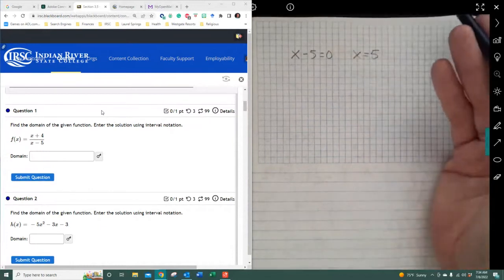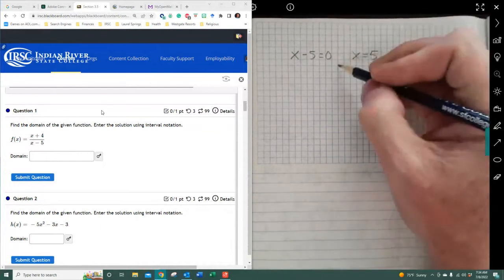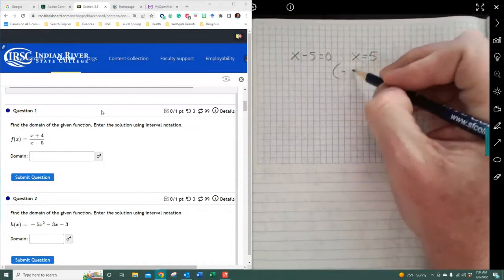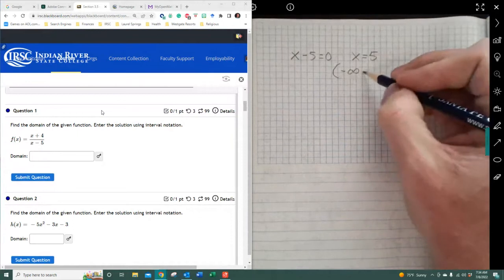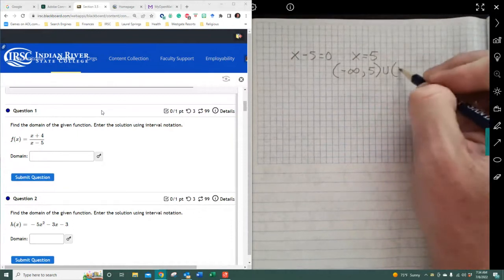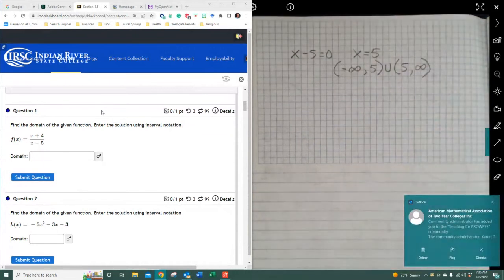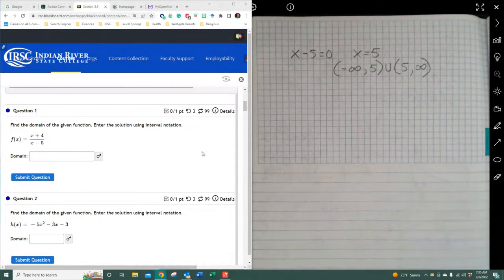You can't have that. So the domain, the way you put it in interval notation, is you skip over this. We talked about this in other lessons, but you go from negative infinity to 5 and unionize it with 5 to infinity. So that's how that works. That's the answer we're looking for. Boom. Okay.